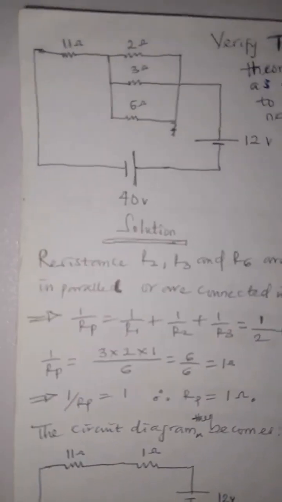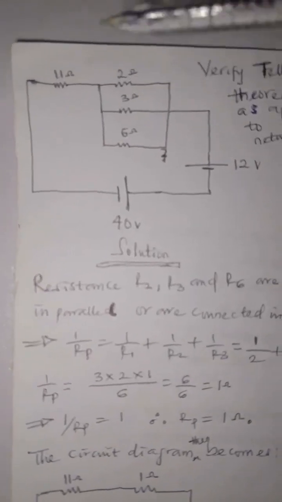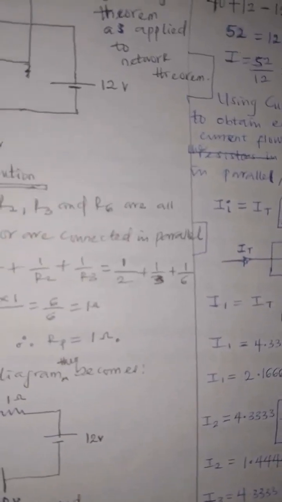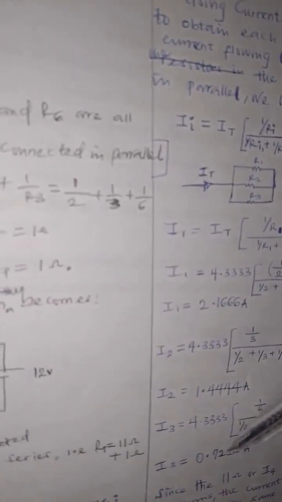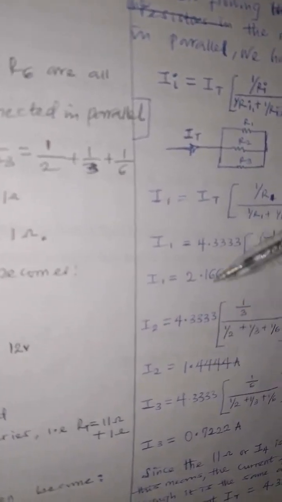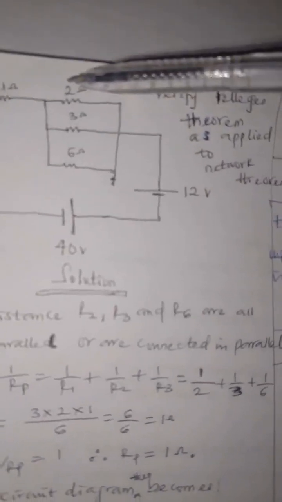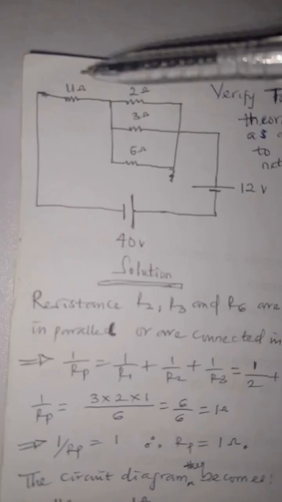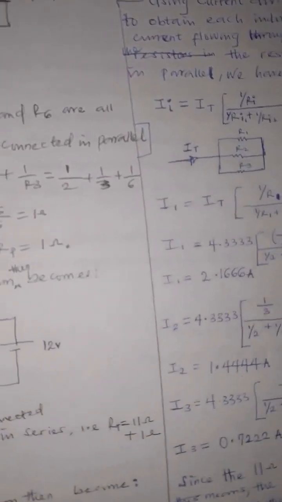The current flowing through the 2 ohm resistance is 2.166 amperes, and the currents through the others are 1.444 and 0.72. The currents are smaller for these but bigger for the 2 ohm, which means the 2 ohm has less resistance. That means its current will be bigger, but this one is in series, so its current will be the same as the total, which is 4.33.